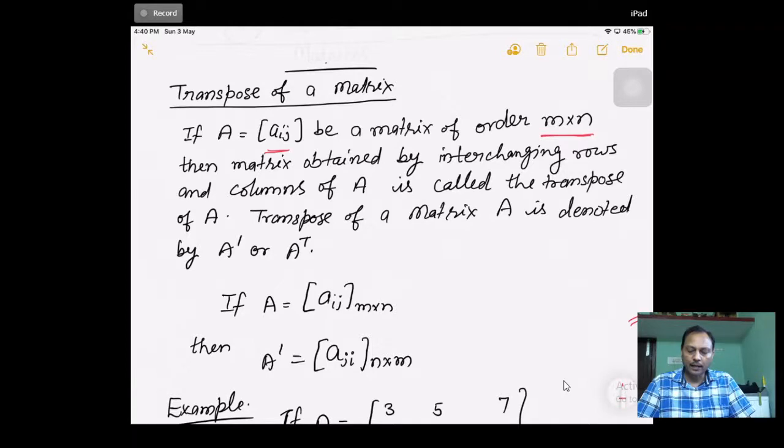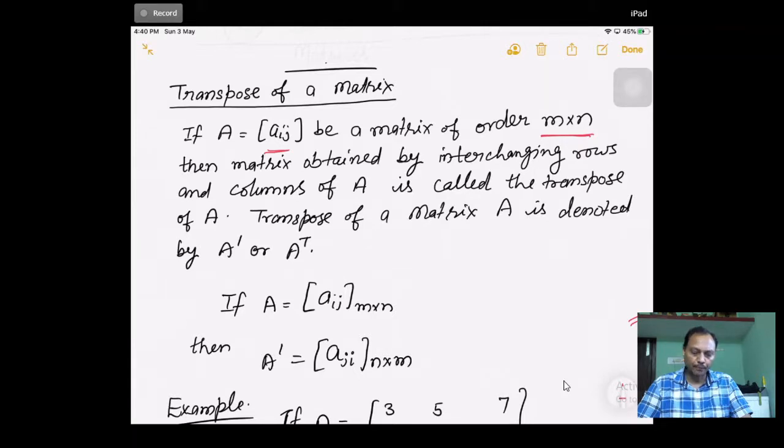If there are a total of m rows and n columns, then we can obtain another matrix by interchanging the rows and columns of A. That matrix is known as the transpose of a matrix. So the transpose of a matrix can be obtained by interchanging the rows and columns of a matrix. This matrix is represented by A prime or A raised to the power T.